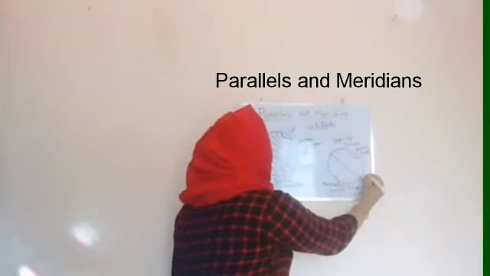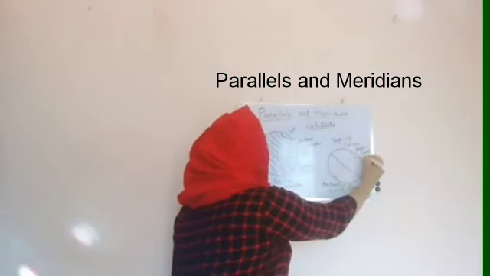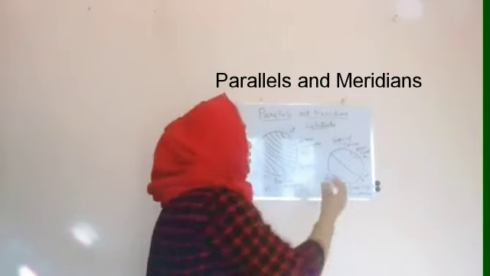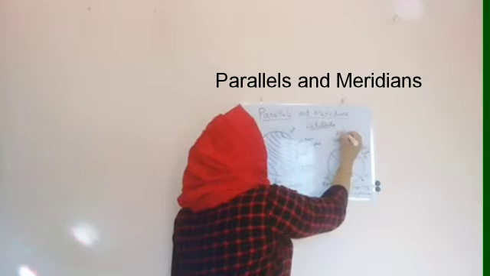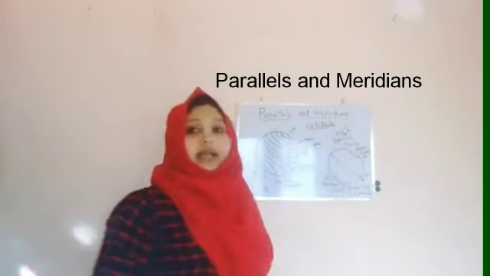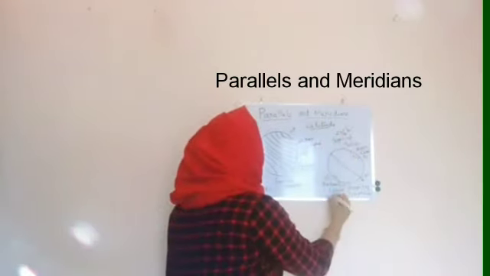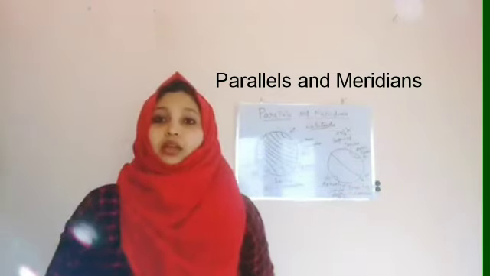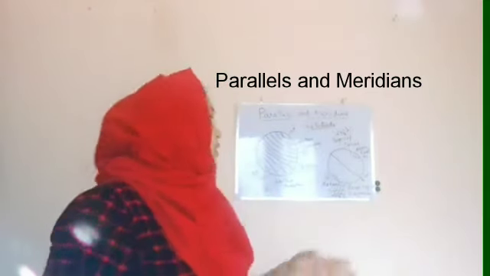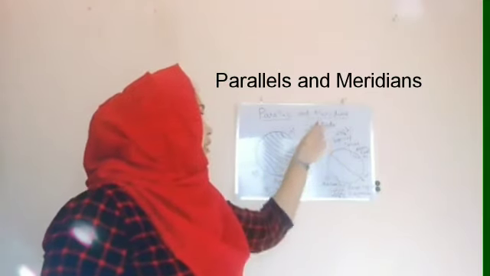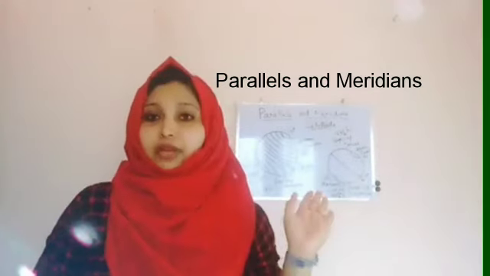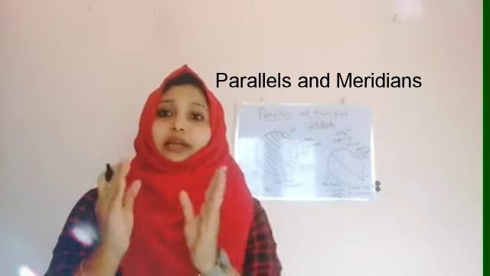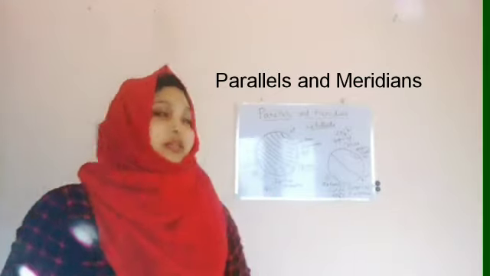Equator has 0 degree, Arctic Circle has 90 degree north, and Antarctic Circle has 90 degree south, and Tropic of Cancer has 23.5 degree north, and Tropic of Capricorn 23.5 degree south. Okay, just remember the degrees also.